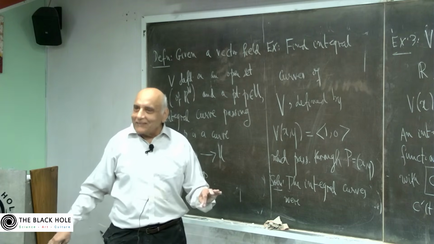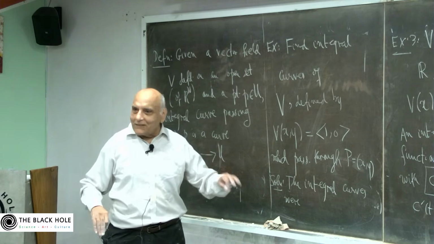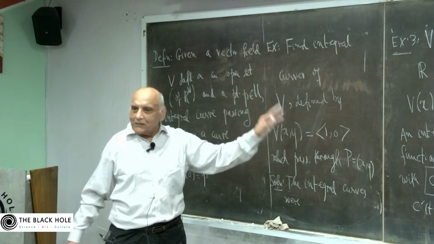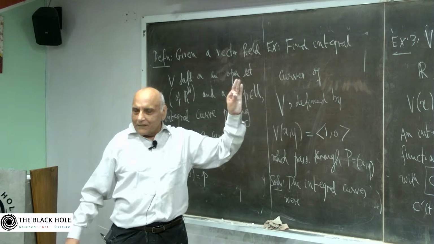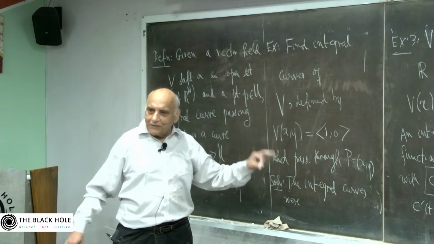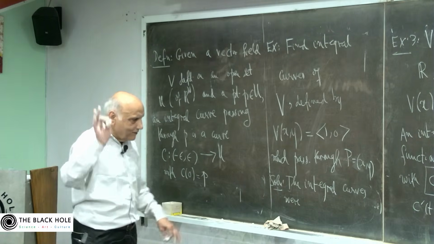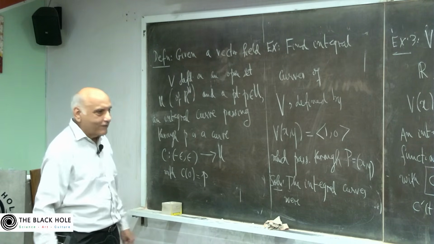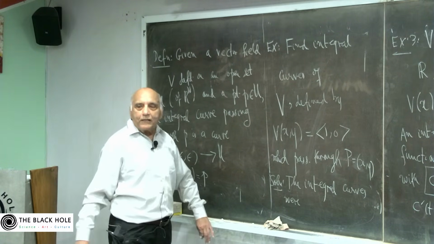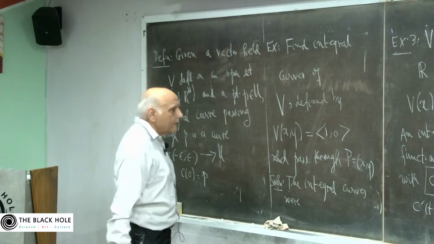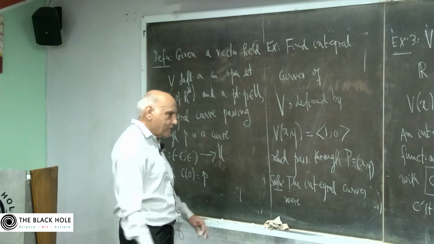The truth is that any vector field, in suitable coordinates, can be flattened. This is true in any dimension: away from where it is identically 0, every vector field in suitable coordinates can be written as 1 and then 0 0 0. Okay, but we will do this actually. It's a very important result, and I'll teach you how to do this. Not just for one vector field, but for any commuting family of vector fields.